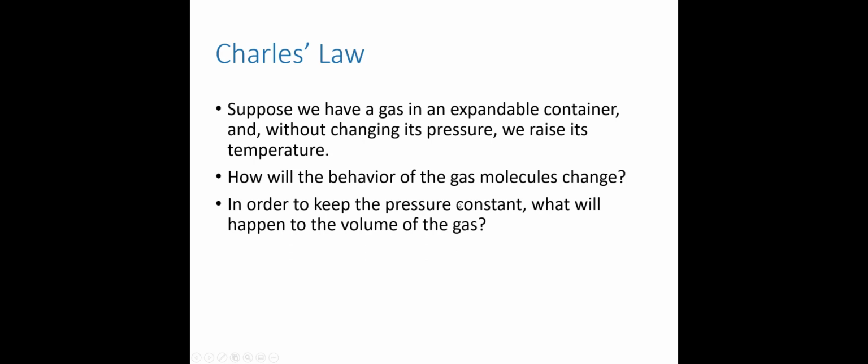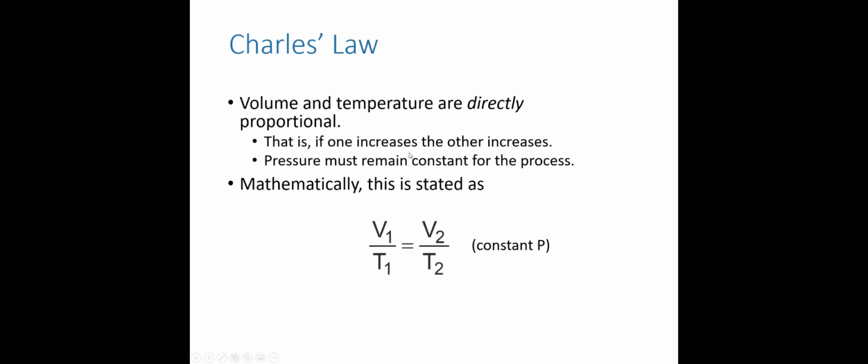Now, if we want to keep the pressure constant, we want to keep the collisions the same. The way to keep the number of collisions the same would be that the volume would have to increase so that the particles are hitting less often. So ultimately this gets us to Charles' law, which says that volume and temperature are directly proportional.